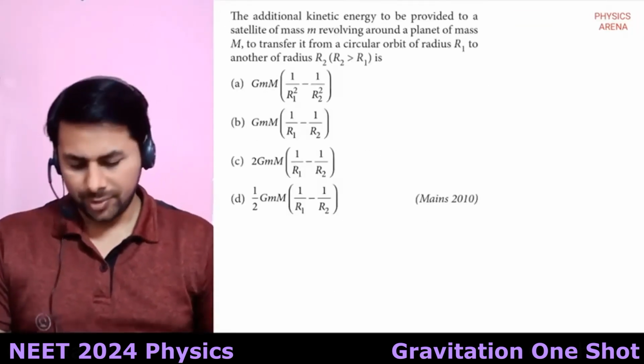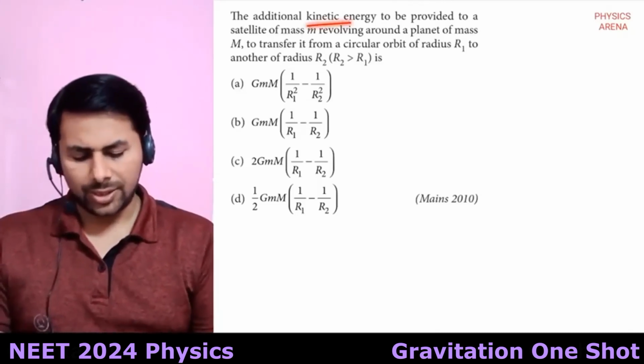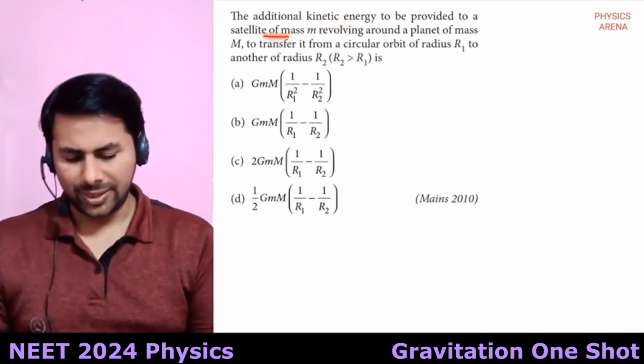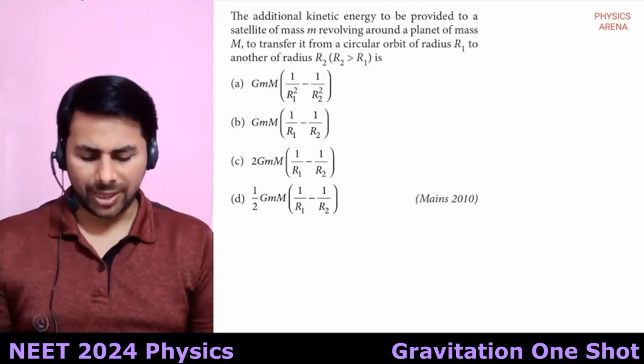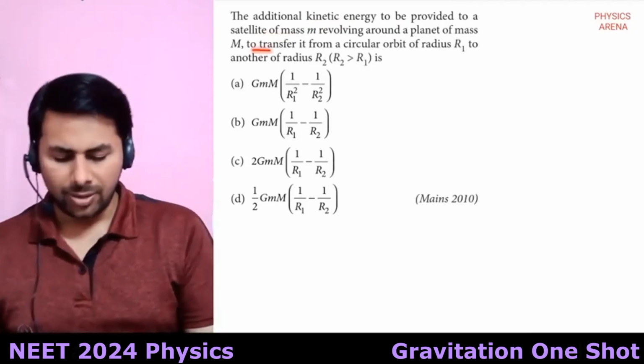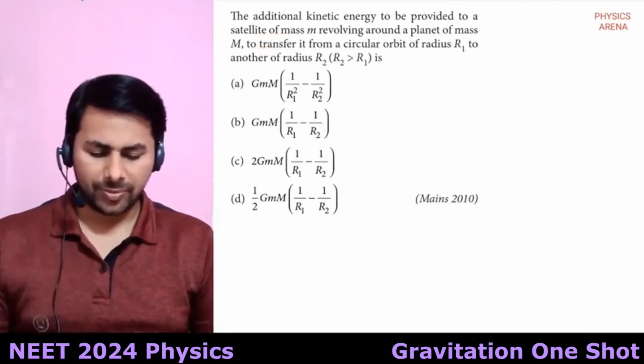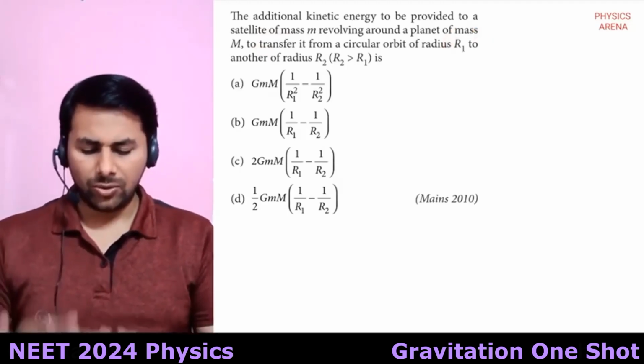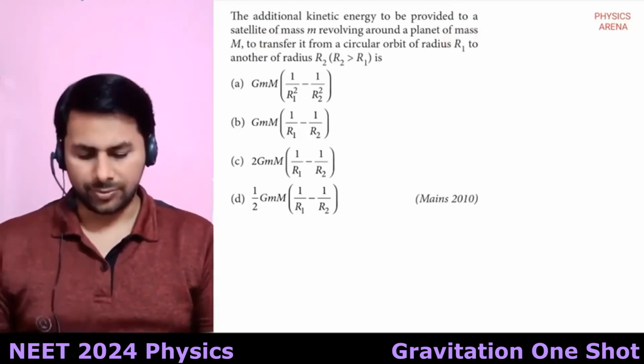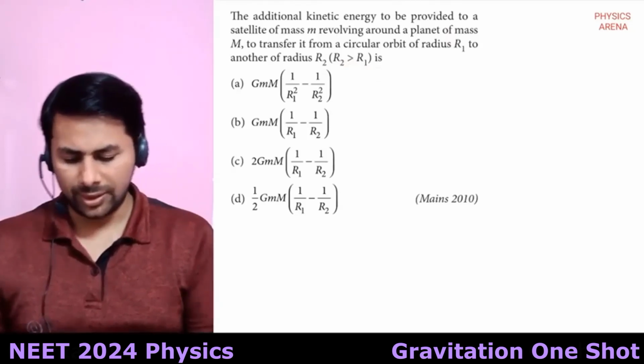Let's see the next one. The additional kinetic energy to be provided to a satellite of mass m revolving around a planet of mass capital M, to transfer it from a circular orbit of radius r1 to another of radius r2, where r2 is greater than r1, is?